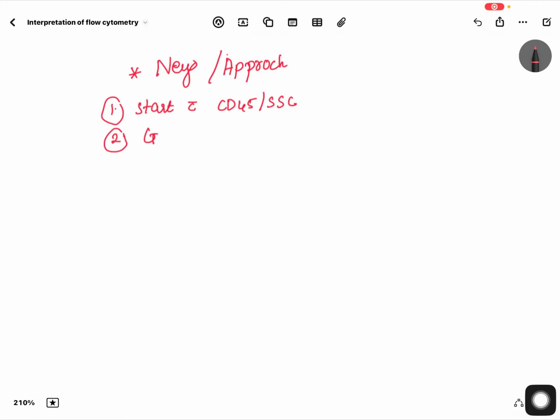Before going on to interpretation, I would like to tell you a few key points. How do we actually approach? First, we always start with CD45 and side scatter. Second, we gauge the abnormal population.